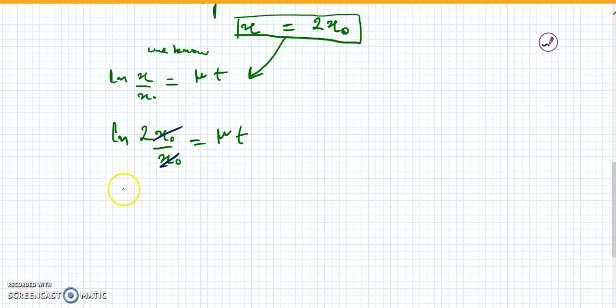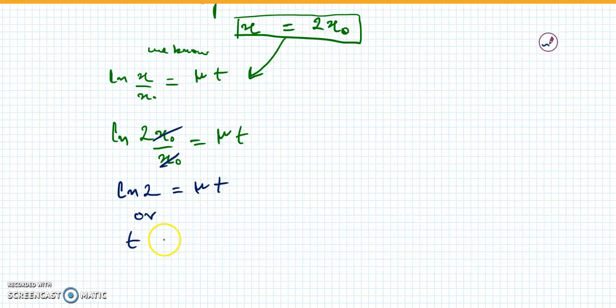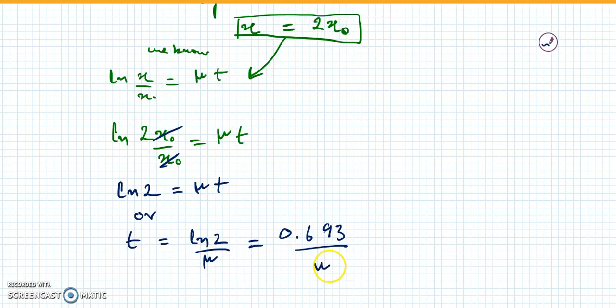This and this will get cancelled, and we will get ln 2 is equivalent to mu t, or we can say t is equivalent to ln 2 divided by mu, which is equivalent to 0.693 divided by mu. So the doubling time is equivalent to 0.693 divided by mu.